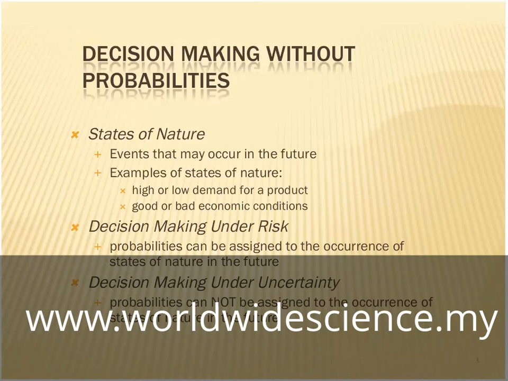You don't know how many percent may occur for high demand, how many percent for low demand. The probability cannot be calculated. You should make the decision under uncertainty, because the probability here is uncertain. So, for decision making under uncertainty, we have 5 approaches.